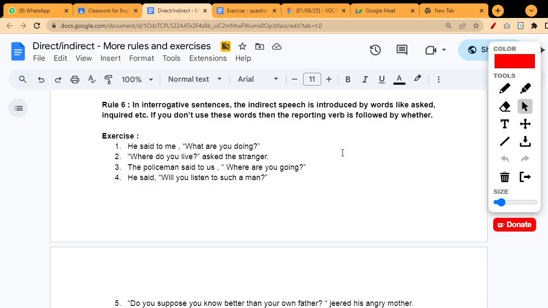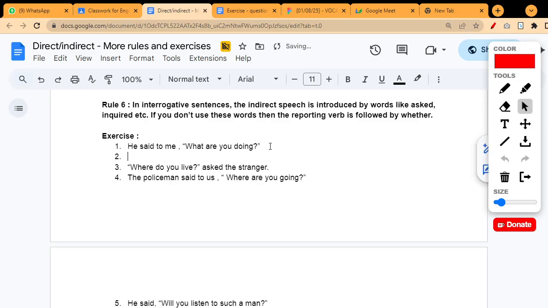Like, for example, the first sentence, he said to me, what are you doing? So we can change this into indirect speech by saying, he asked me. Because it is a question, we have used the word asked instead of said. He asked me, and then what are you doing will get converted to what.